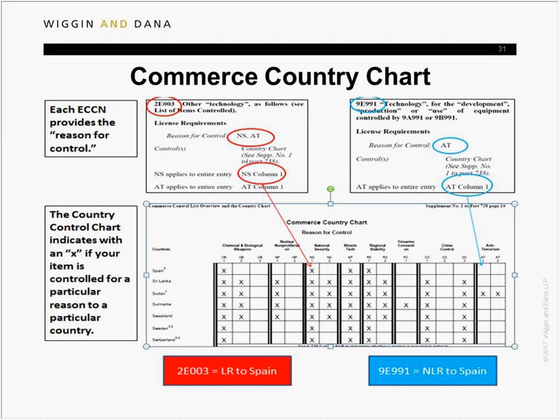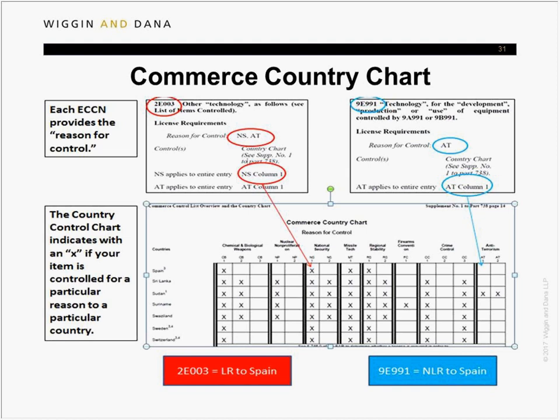So we want to figure out whether we can send 2E003 technology to Spain, for example. You see here that it says NS applies to the entire entry, and it says NS column 1. That means national security column 1 on the Commerce Country Chart. So you go to the Commerce Country Chart, and you can see here that it has the reasons for control across the top, and it has the countries down the side.